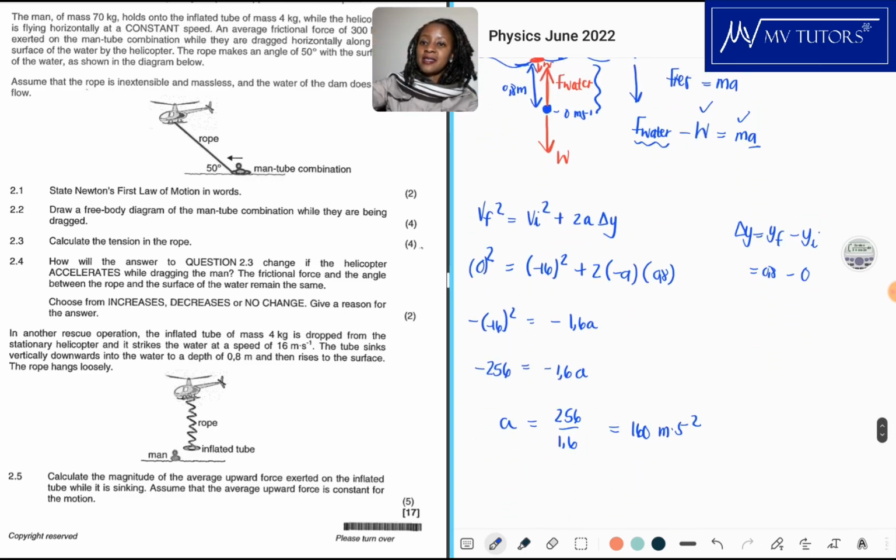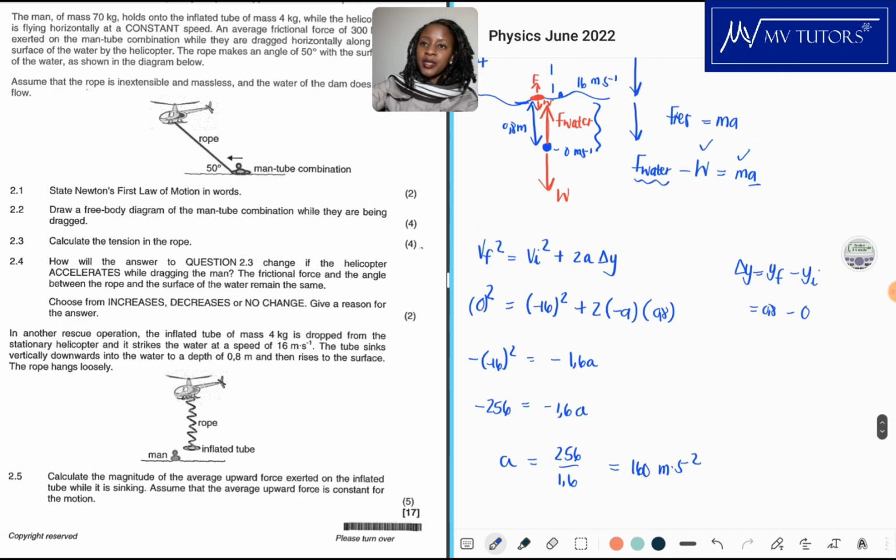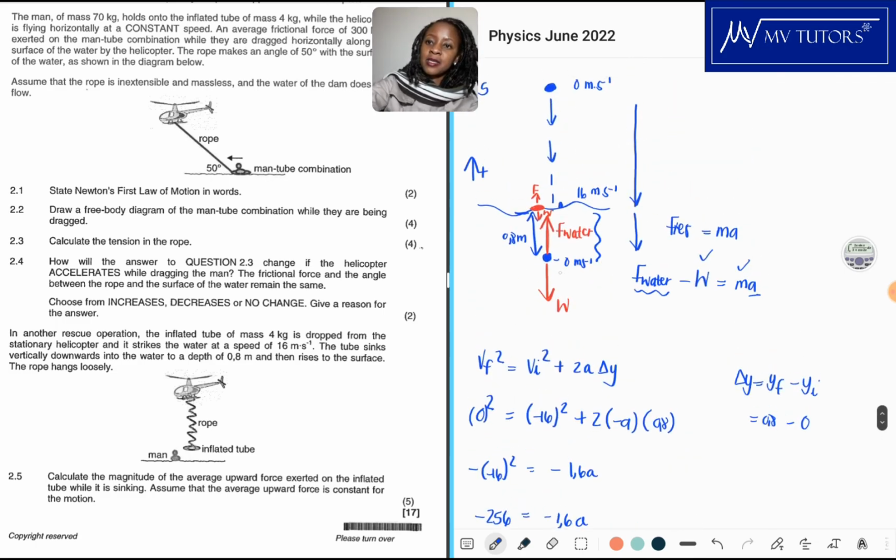Well, if this tube is falling inside, it is decelerating before it reaches 0. It started off at 16 meters per second, and it's busy going down, so it is decelerating.